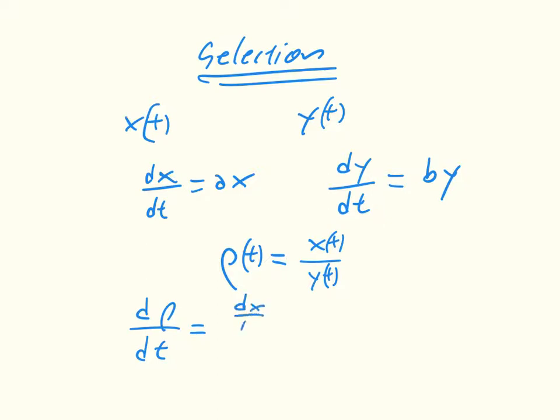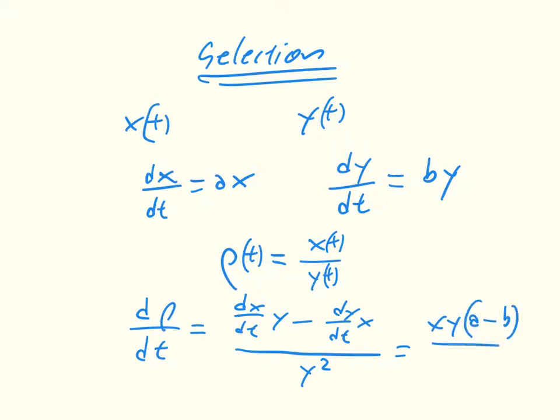So that's just going to be dx/dt times y minus dy/dt times x, over y squared. And that's given by xy(a minus b) over y squared.